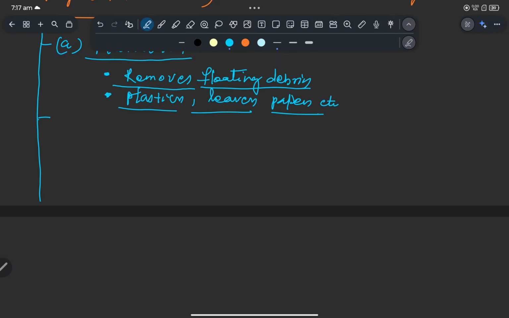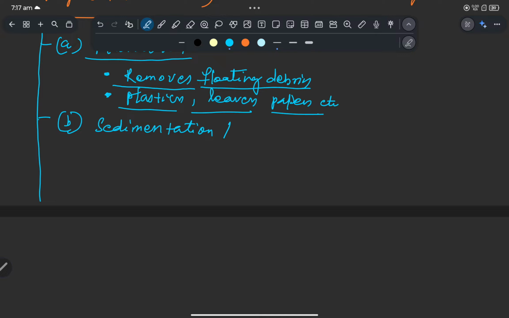Now the next step is sedimentation, after filtration. All of you know sedimentation. What is sedimentation? Whatever heavier particles or heavier materials are there, they settle down and form the sediments. That process is called sedimentation.